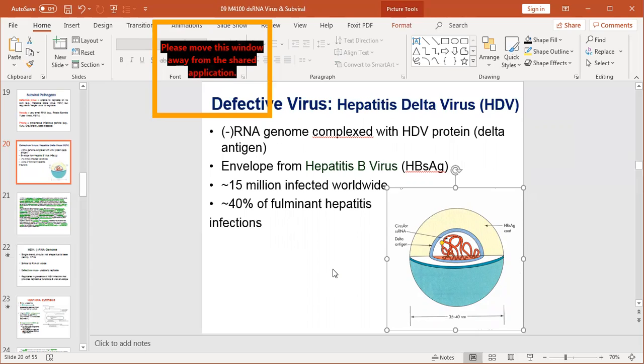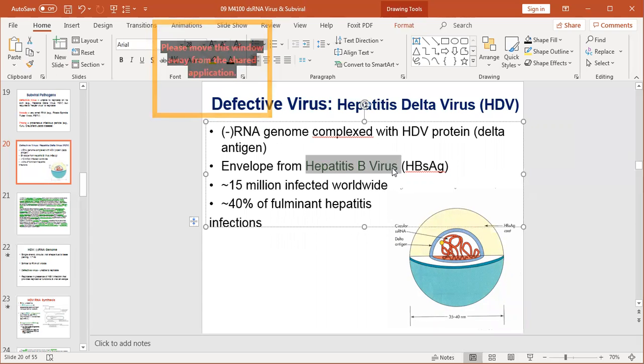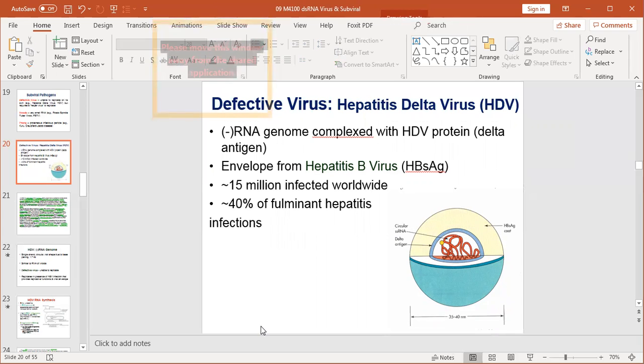HDV infects about 15 million individuals around the world. If we have a helper-assisted infection, then this happens in about 40% of these 15 million, and it ends up in fulminant hepatitis.